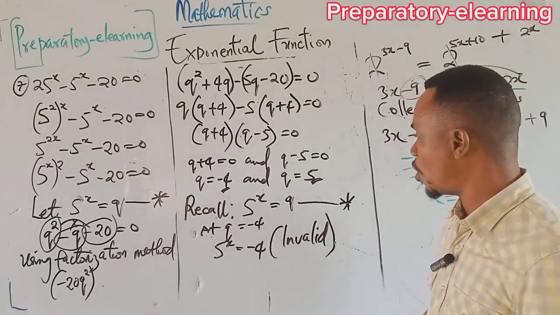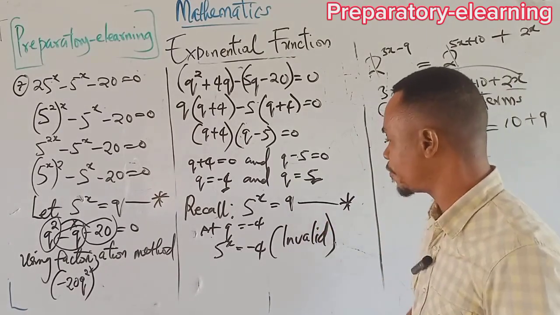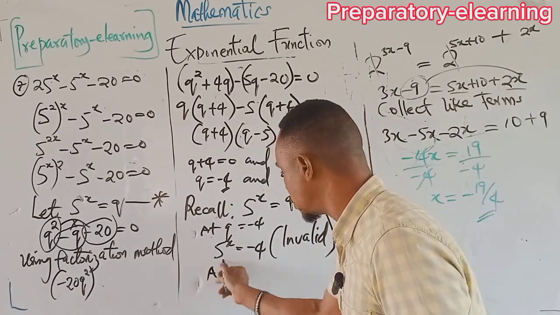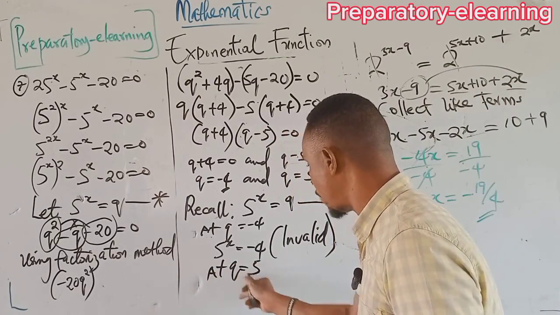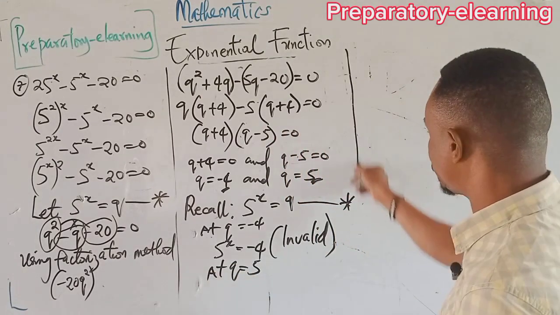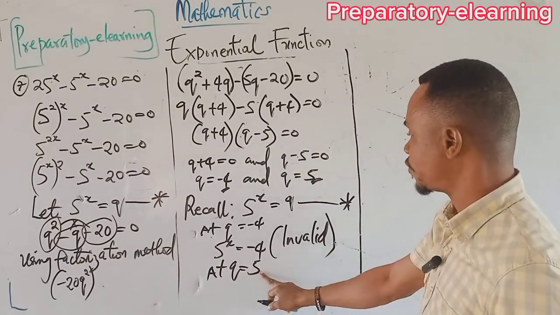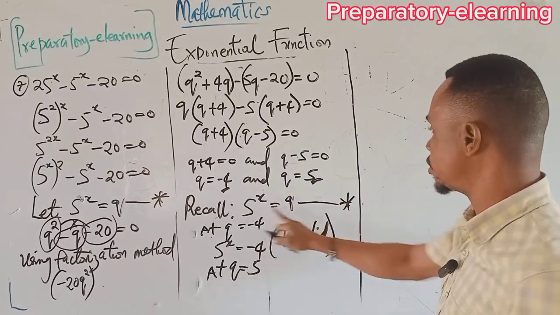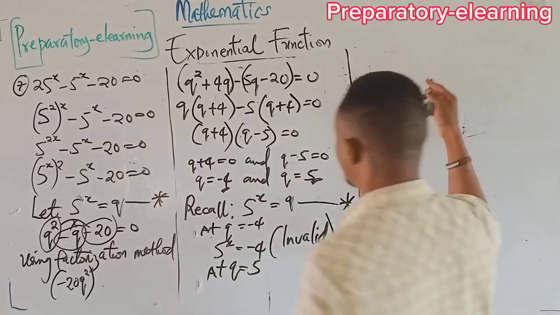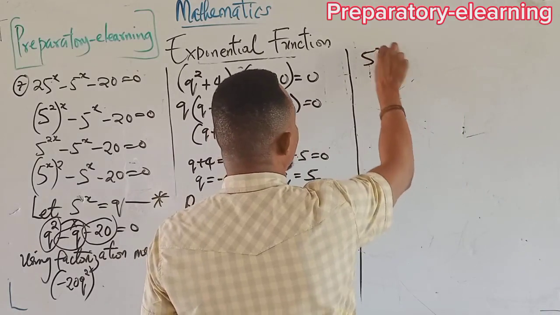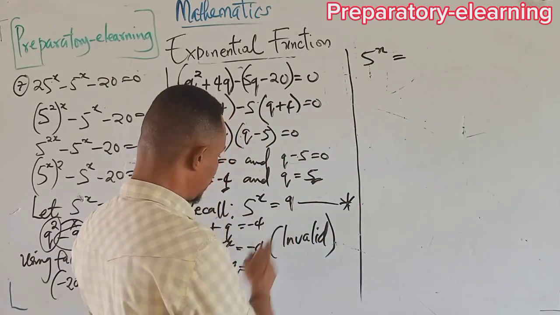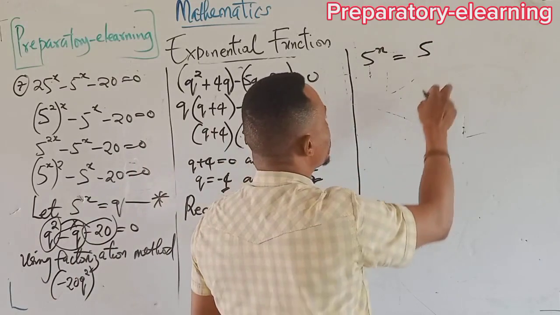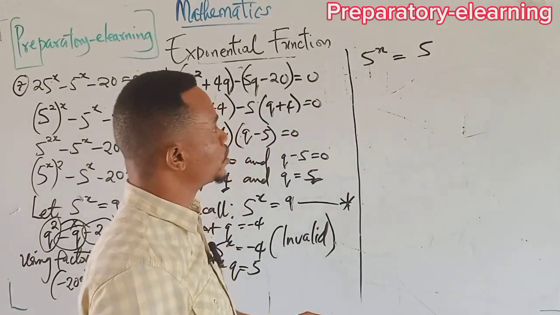We now go to the next value of q, which is 5. We now say at q equals to 5, we bring in the value of q as 5 in place of q in this equation star. We now have 5 power x equals to, in place of q we put 5.